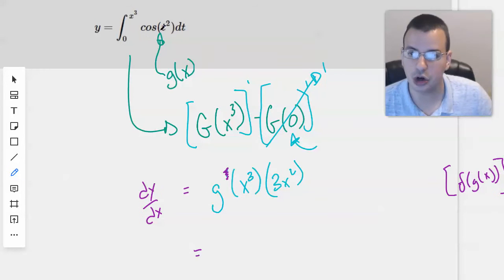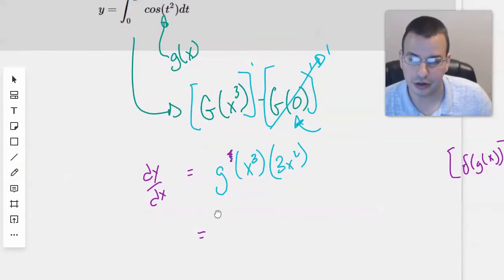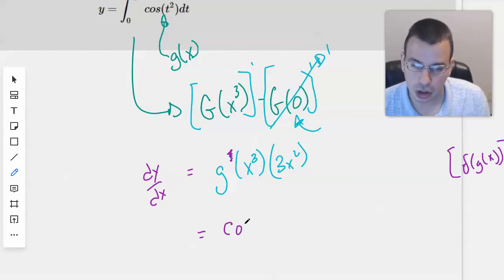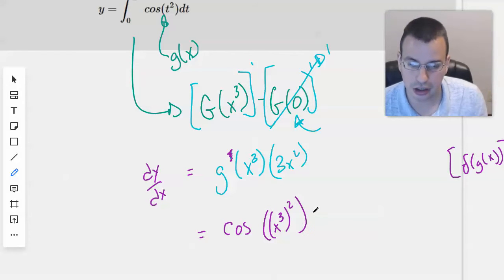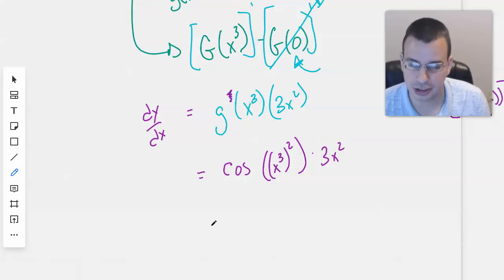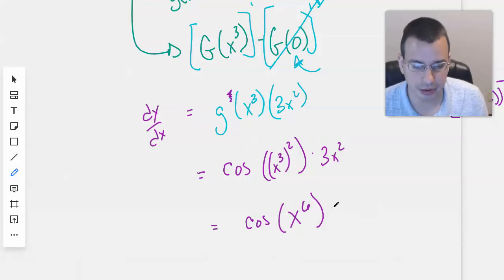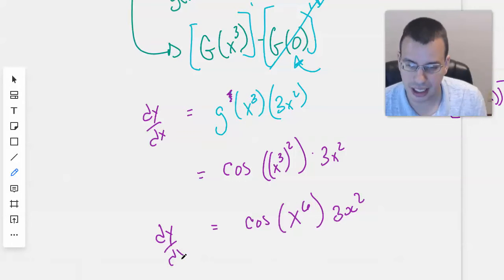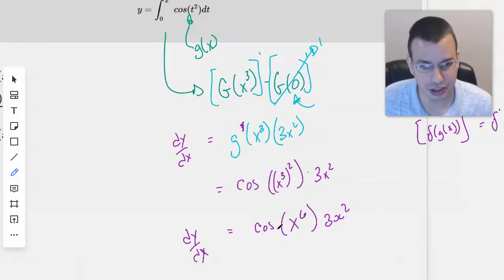G of x is cosine of t squared. So this would be cosine of x cubed squared times 3x squared, which simplifies slightly to dy/dx equals cosine of x to the 6 times 3x squared.